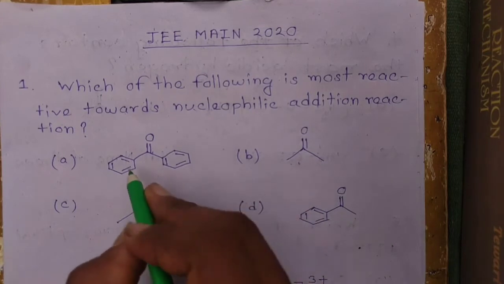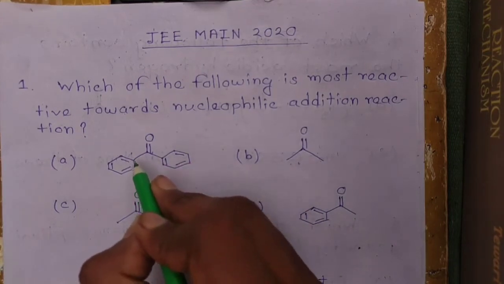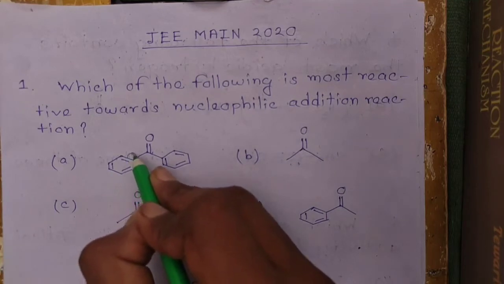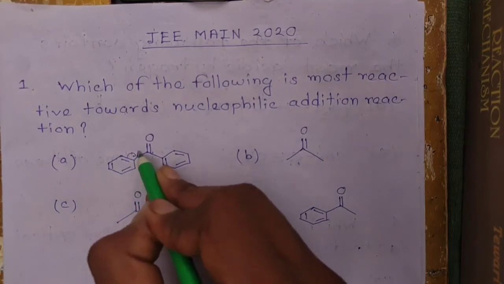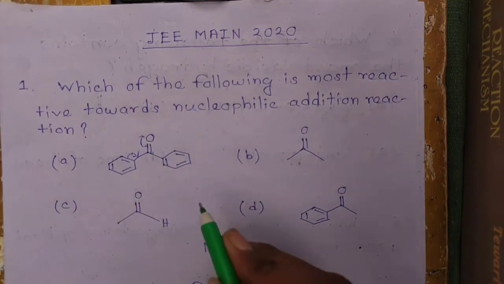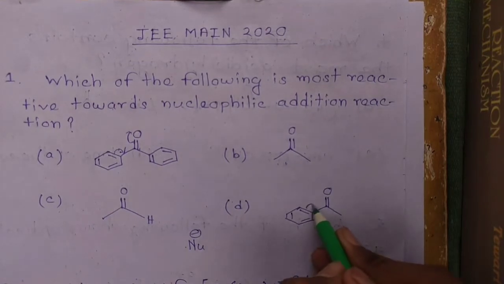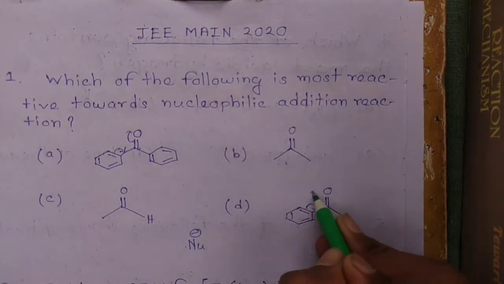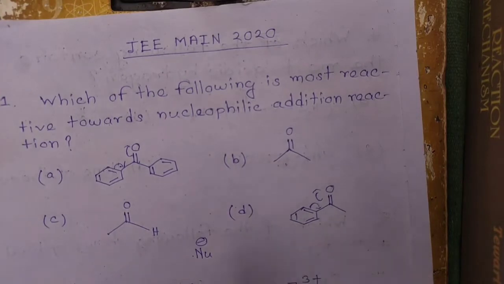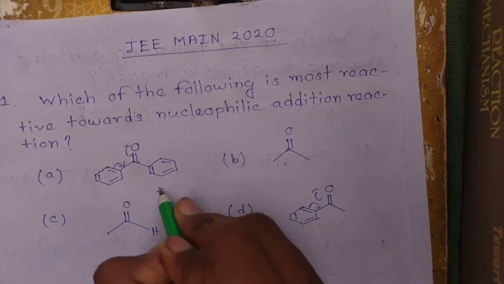Now in compound A, there is a possibility of resonance, and here also there is a possibility of resonance.